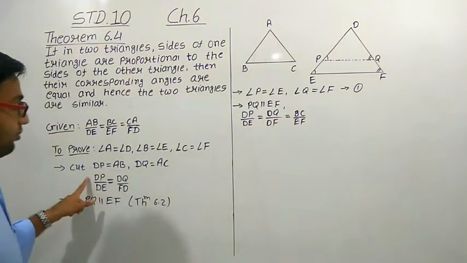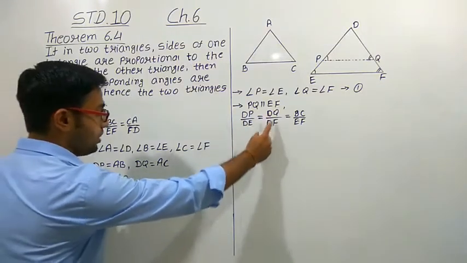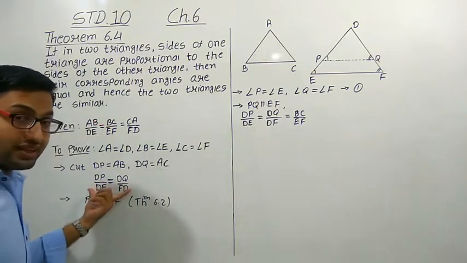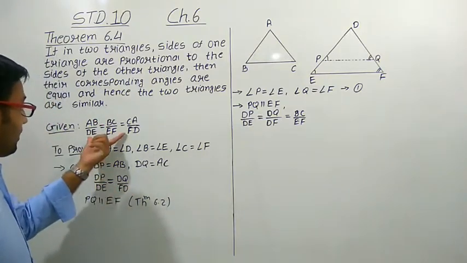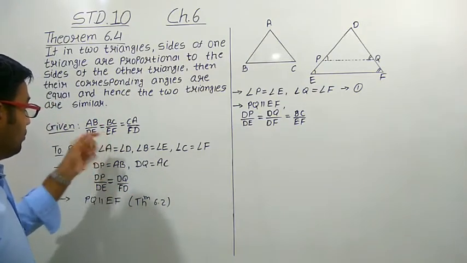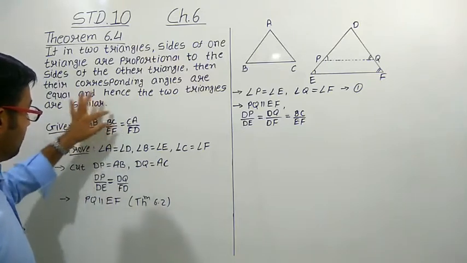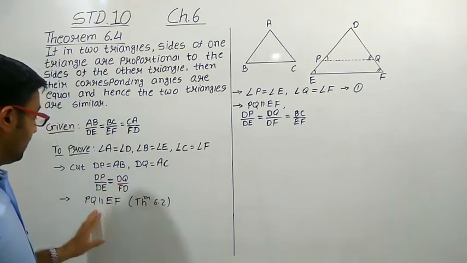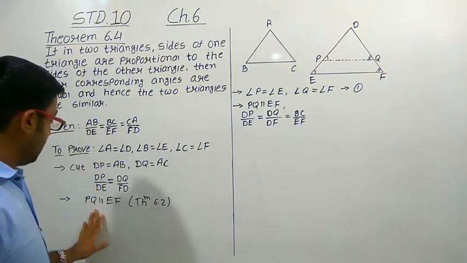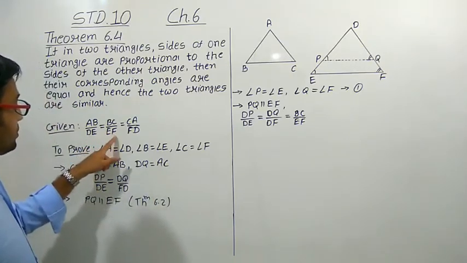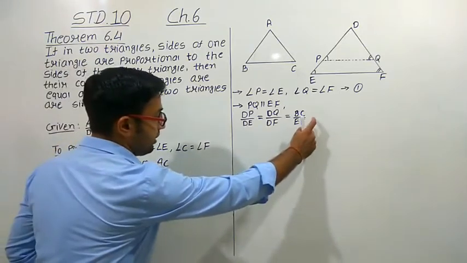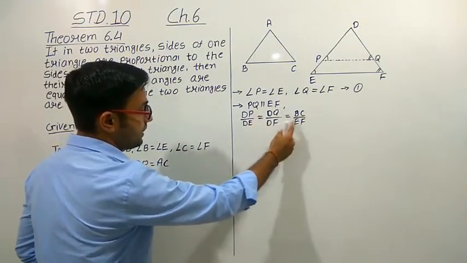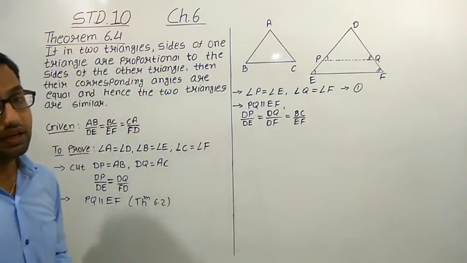Two things we have written down here, that DP upon DE is equal to DQ upon DF, and these two things we write down from here, from this result, right? So now we are using this BC upon EF. First time we do not use that because here we have to prove that PQ is parallel to EF. So now we are using this. So that is why we have written it here. DP upon DE is equal to DQ upon DF is equal to BC upon EF.